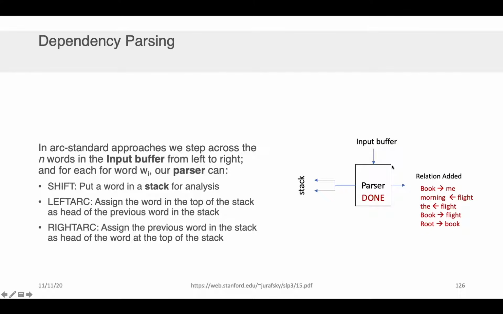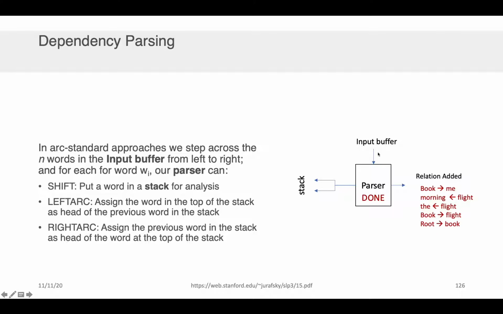I want to make very clear, I'm trying my best to decouple how the parser goes about generating these three actions, which I'm going to talk about in a minute, and how you move from the contents in the input buffer and use that in a stack to analyze two words at a time, so that you can predict what the relationships between the words might be.